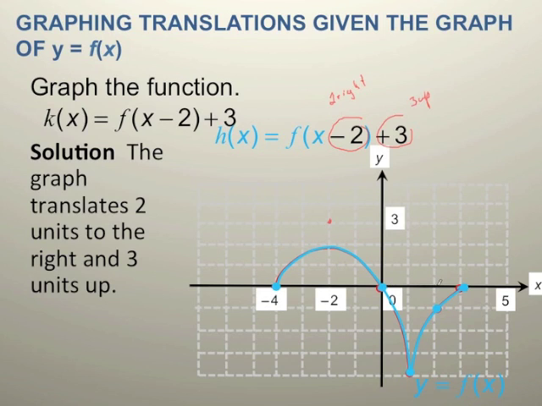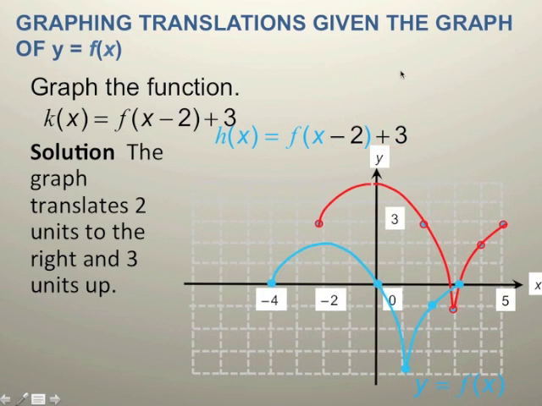From each of the other points, go 2 right and 3 up. And my graph will end up being like that. Let's do that. We've gone 2 right and 3 up.